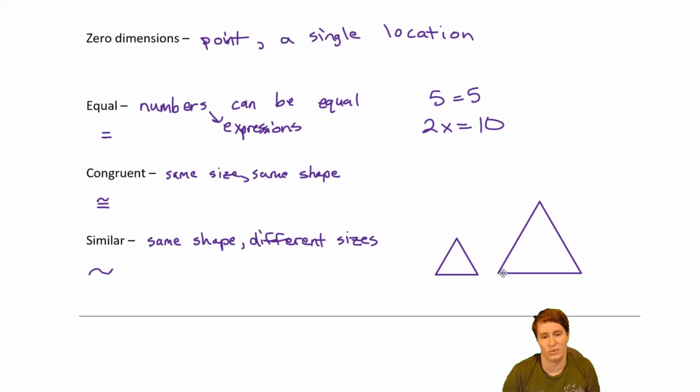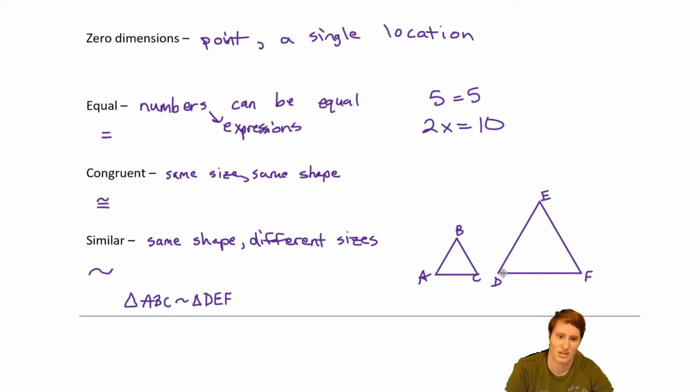So we could say that triangle ABC is similar to triangle DEF. That's the kind of thing you'll usually see that symbol with, where we've labeled this triangle ABC and this one DEF. And so we'll say, oh yes, that statement is that they are similar.